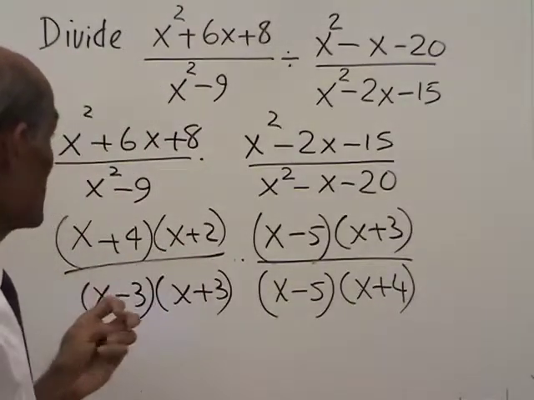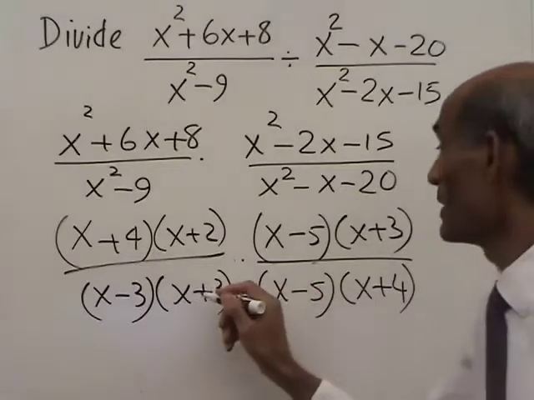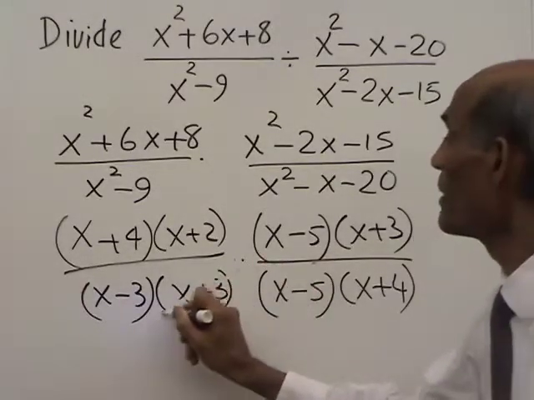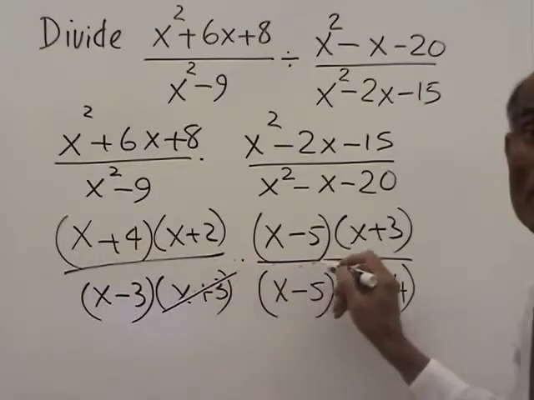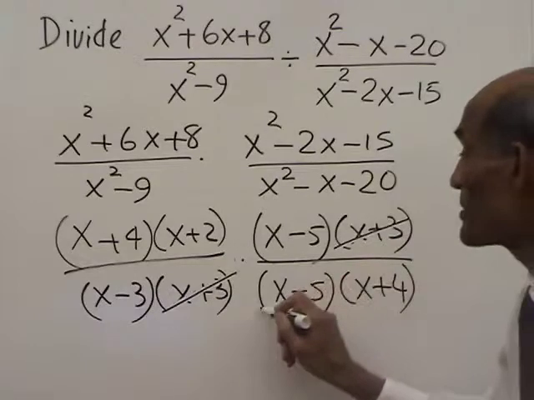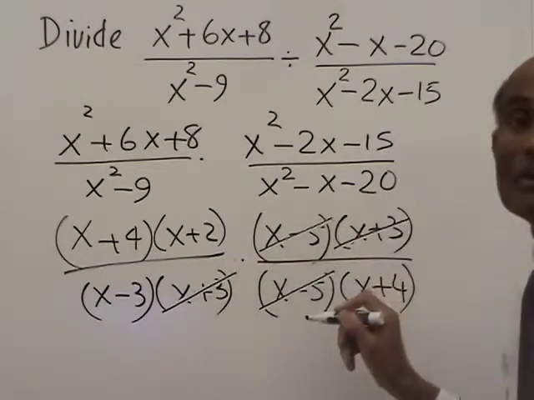Now once you factor, you can now cancel common factors. Now you notice x plus 3 on the denominator cancels with x plus 3. X minus 5 cancels with x minus 5.